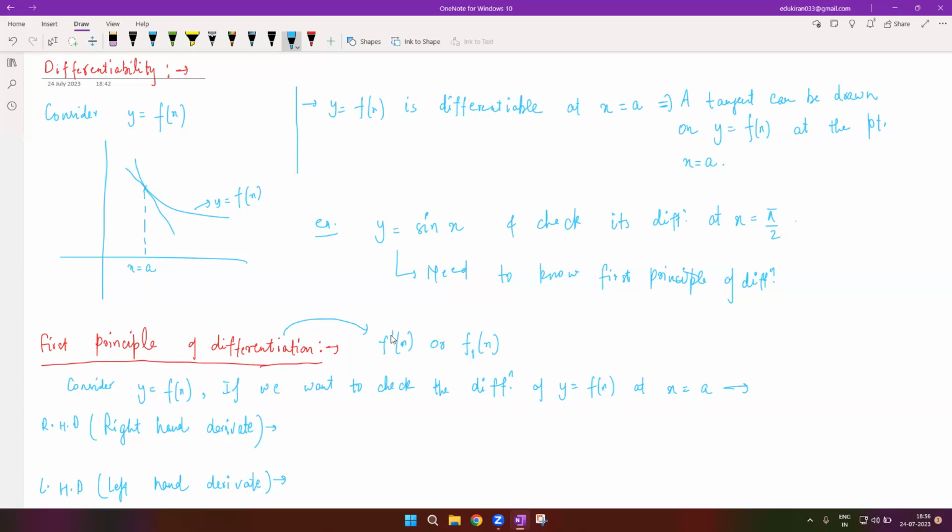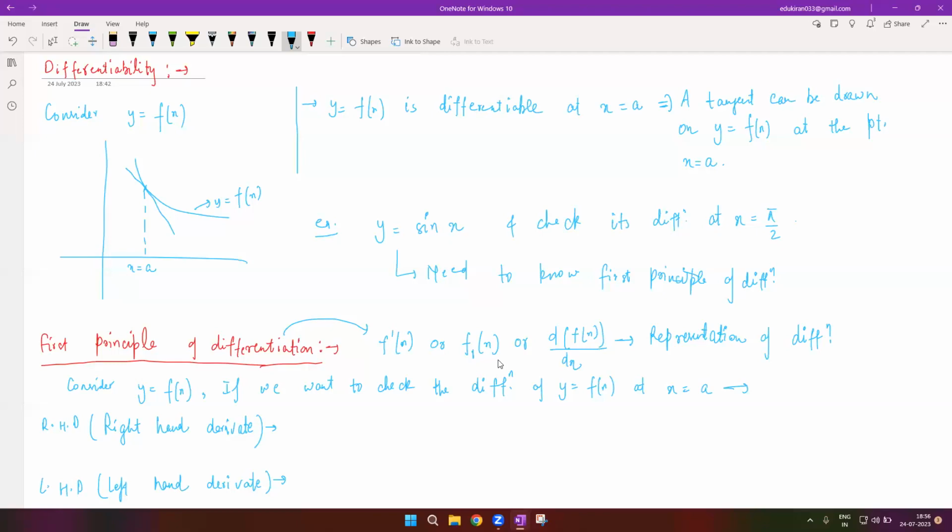So f dash x or f1(x) or d of f(x) divided by dx. These are all the representations of differentiation. So this is how we represent a given differentiation.